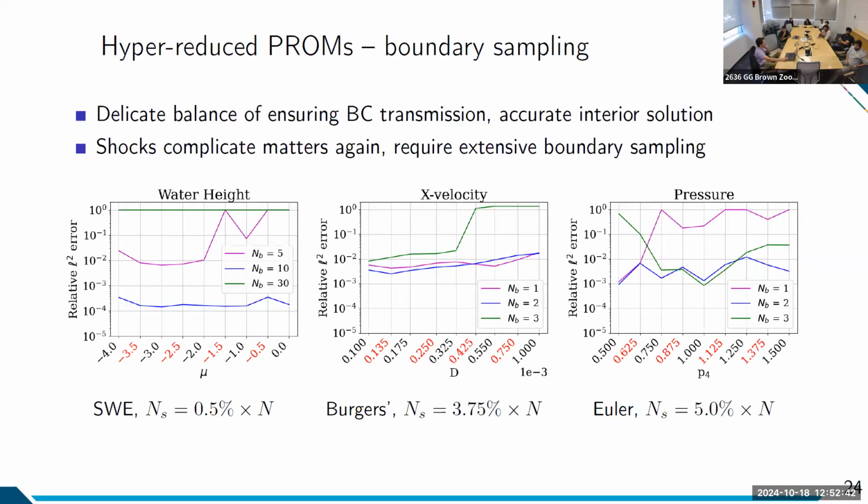Yeah. So why is the rightmost one, the green one, not monotonically decreasing? I guess I didn't explain: this is across different parameter values, and so the physics are inherently different. Oh, I see. For each of these values, this is a very weak shock at this end, and this is a very strong shock.